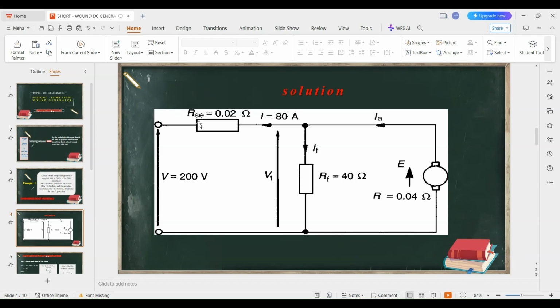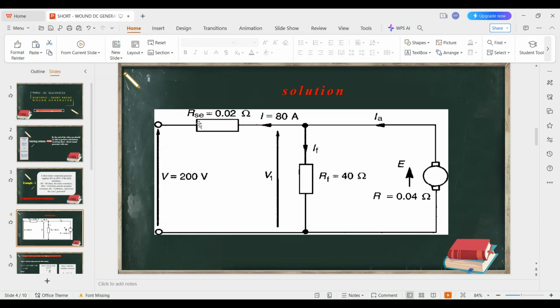We have IF, the field current flowing through this resistance, and IA, the current flowing out of the armature winding. The resistance within the armature is 0.04 ohms.